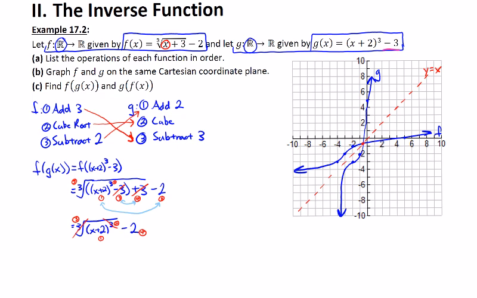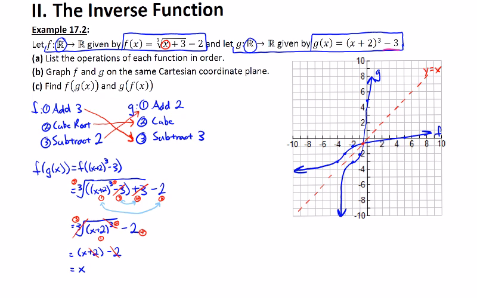They can cancel, which is going to leave us with x plus 2 minus 2. And then not much to really think about here because plus 2 minus 2 should just cancel out, leaving us with x. So very interesting cancellation that occurs when we're looking at the composition of these two functions.